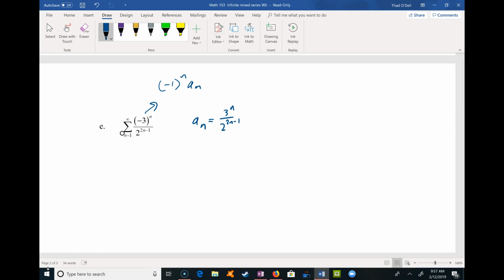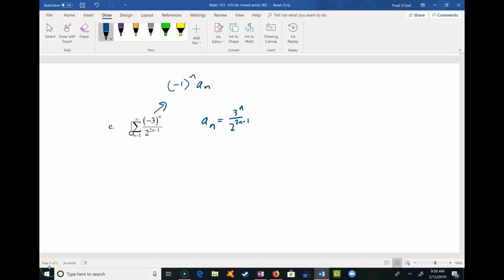So we need to show that a sub n is decreasing and converges to 0. And that is going to be a problem. Because actually it's increasing, isn't it? Oh. So we're going to play around with this a little bit. This is going to be 3 to the n on top.